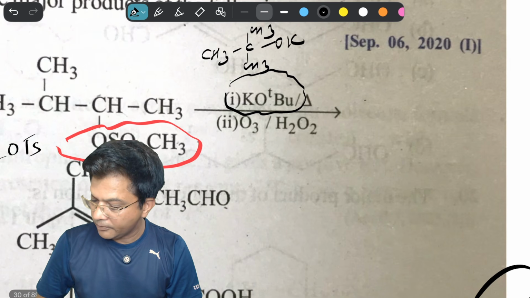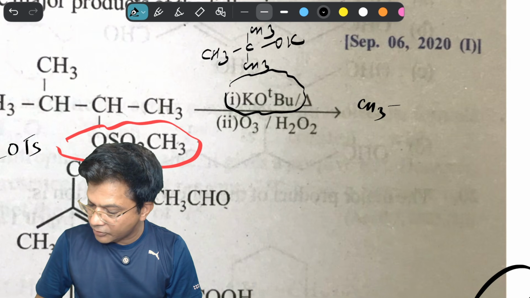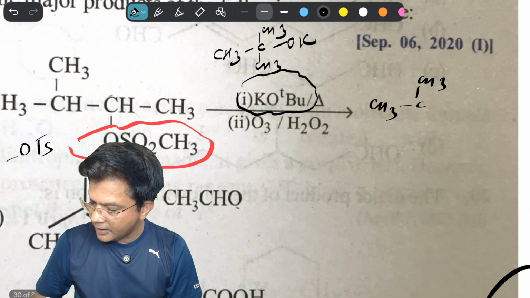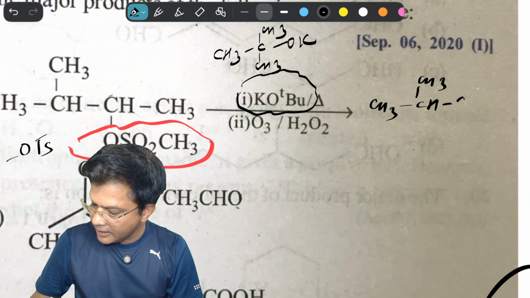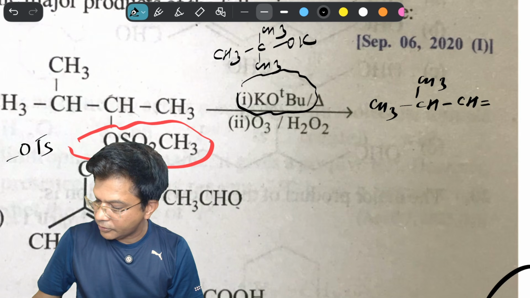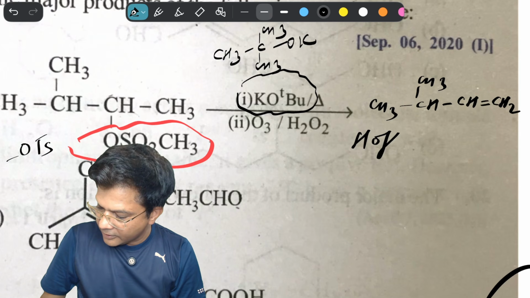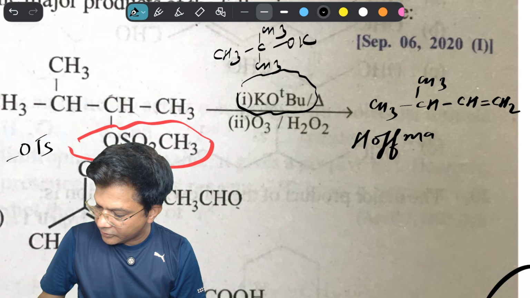So let me form the Hofmann product: CH3, CH3, CH, CH double bond CH2. This is your Hofmann product. If you remember, that is going to be the major product in this case.